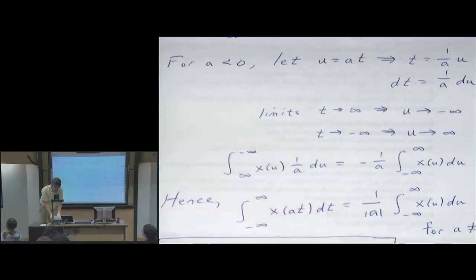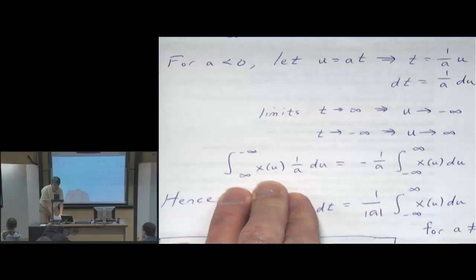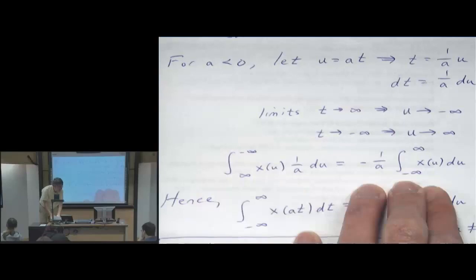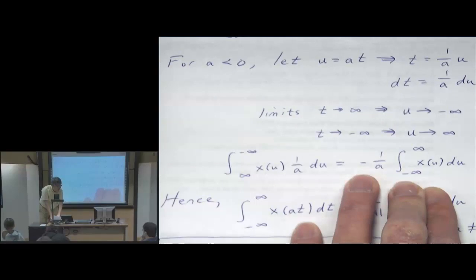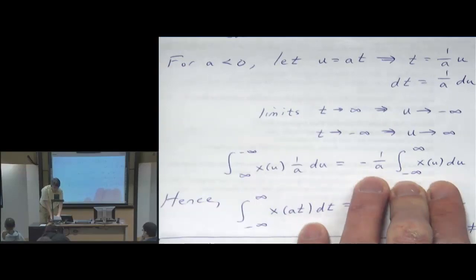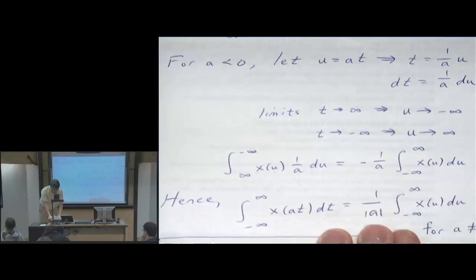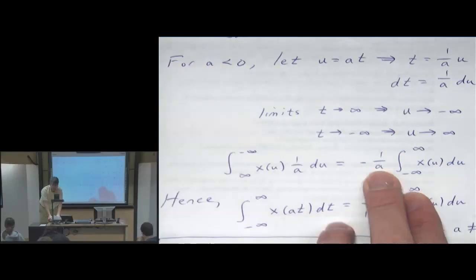So the limits of integration get replaced by infinity to minus infinity of x of u times 1 over a du. We can switch the order of the limits by negating. So now I have minus 1 over a times the integral from minus infinity to infinity of x. Then I can simply combine these two results, noting that minus a is really the absolute value of a here because a is negative.